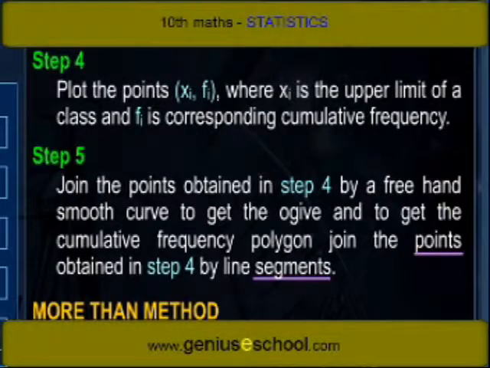Plot the points (xi, fi), where xi is the upper limit of the class and fi is the corresponding cumulative frequency. Step 5. Join the points obtained in step 4 by a freehand smooth curve to get the ogive, and to get the cumulative frequency polygon, join the points obtained in step 4 by line segments.